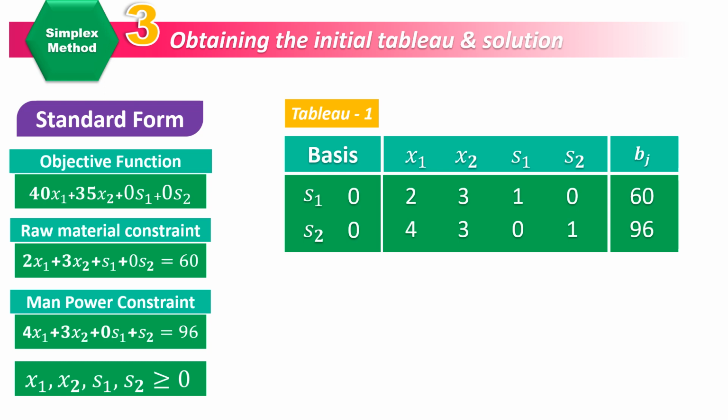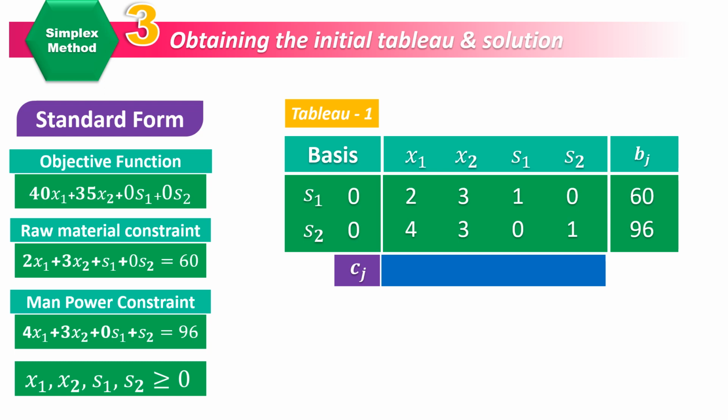You can see that for s1, the Bj is 60 and for s2, Bj is 96. That means the slack variable of raw material consists of 60 kg. That means no raw material is allocated for production, and s2 contains 96 hours of manpower. That means no manpower is allocated for production, it is completely unused, represented by s2.